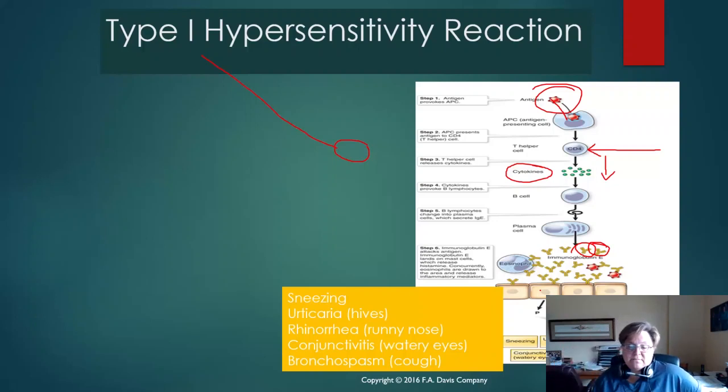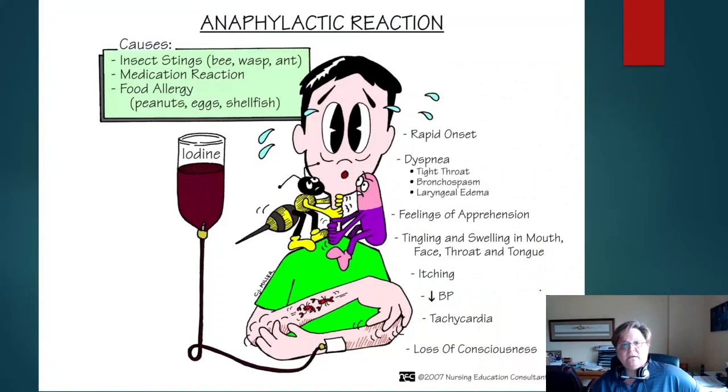The mild symptoms here, sneezing, runny nose, and watery eyes, aren't that big of a deal. But if we have more severe symptoms like bronchospasm or hives that are causing a bigger problem, then we will have to be much more emergent with our treatment.